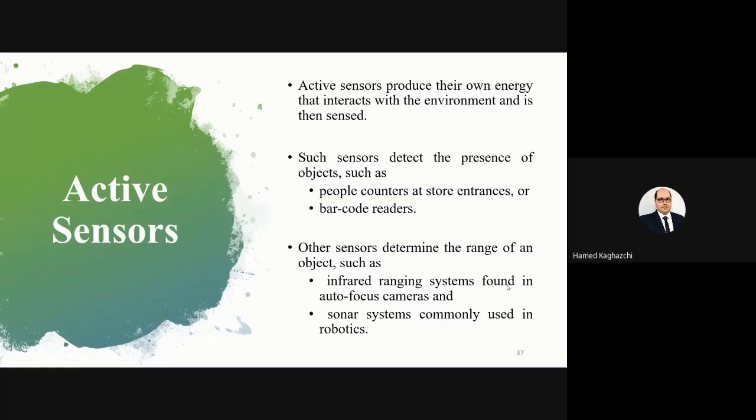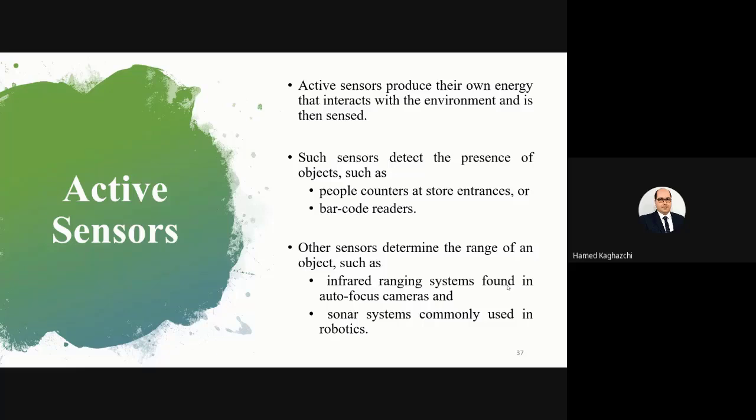Now we have two different types of active sensors. The first group are sensors that detect the presence of objects, such as people counters at the store entrance or barcode readers. The second group of active sensors are sensors that determine the range of an object, such as infrared ranging system and sonar system.